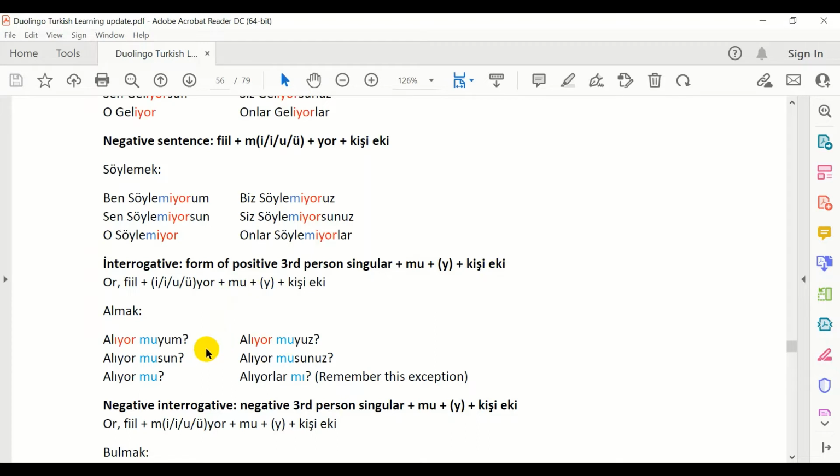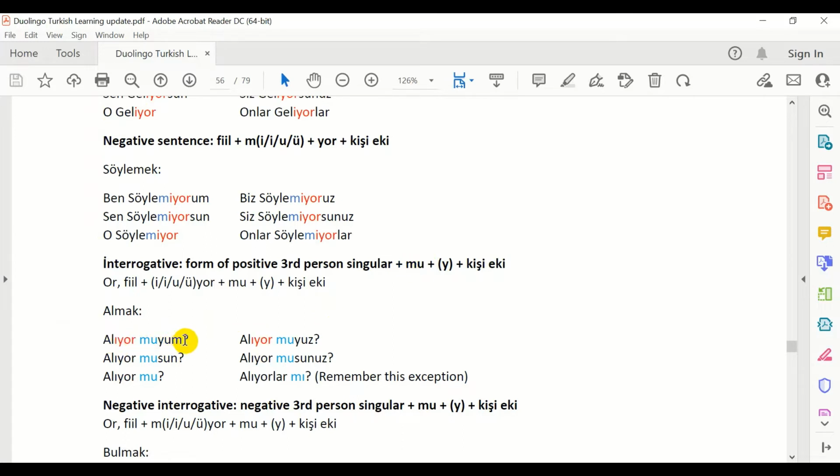Let's see an example. Almak means to buy. First, the form of positive third person singular. Almak, alıyor, like geliyor, alıyor. Now, before adding the personal suffix, you need to add the question suffix mu.